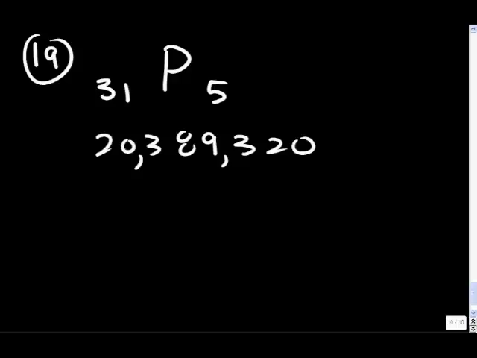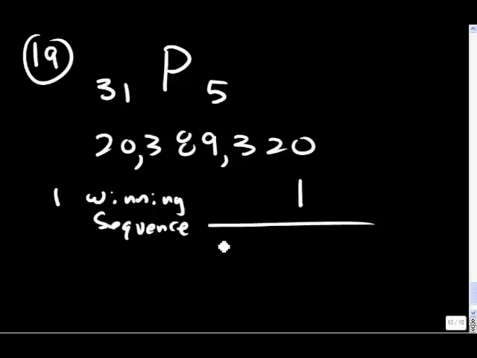Now, yet again, of all these sequences of 5, there is only one winning sequence, which means the probability of winning becomes 1 over that 20,389,320.